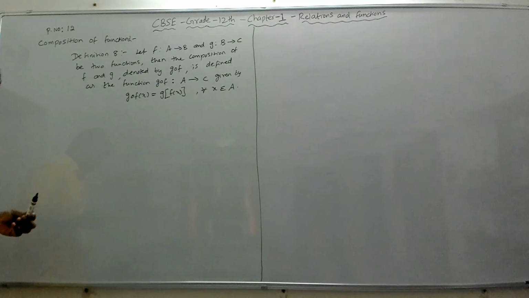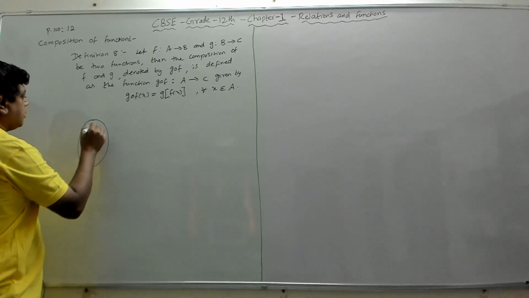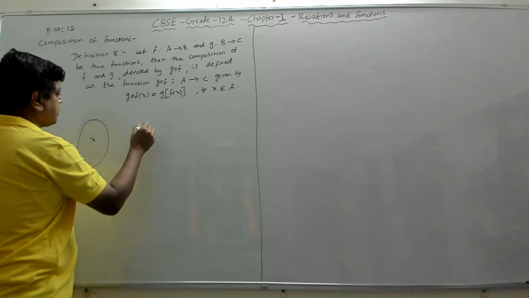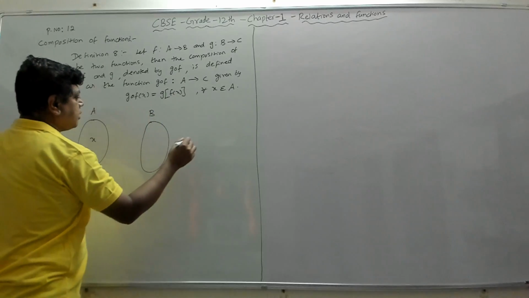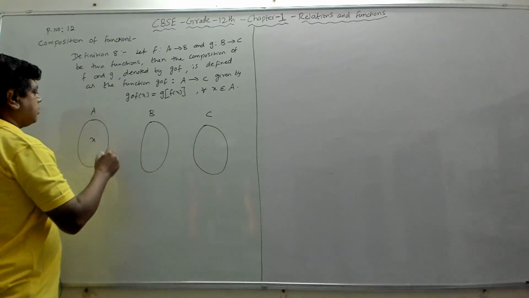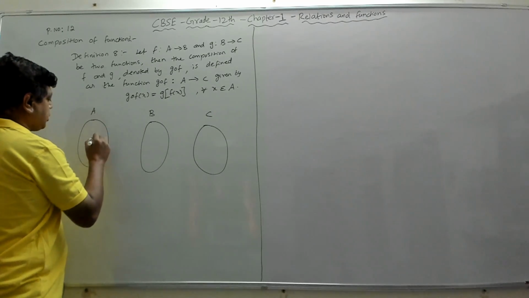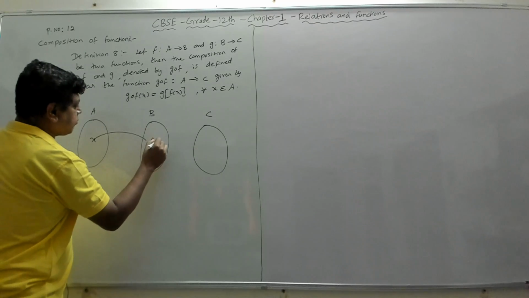So suppose A is a set, it has the element x, and this is set A, this is set B, and we have another set, set C. Now f is a function which maps one element, say x, to another element f of x.